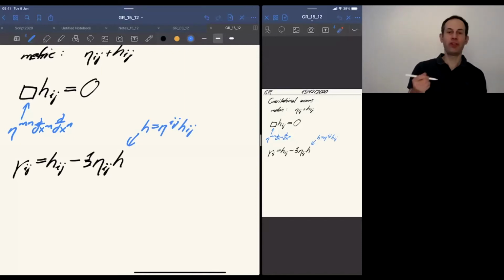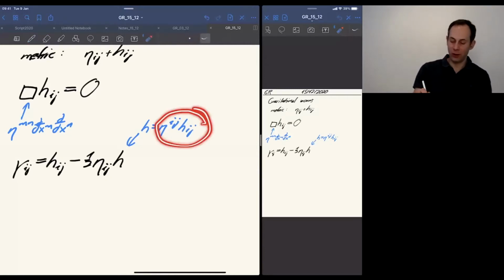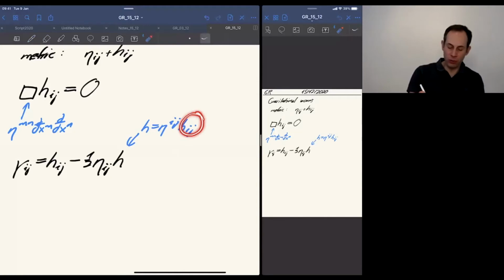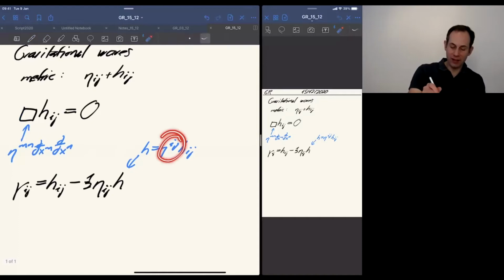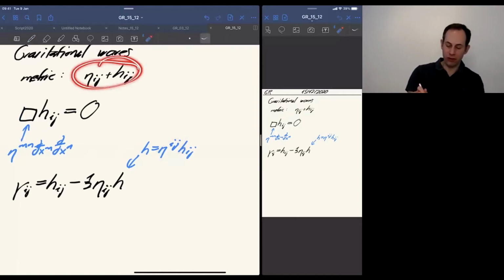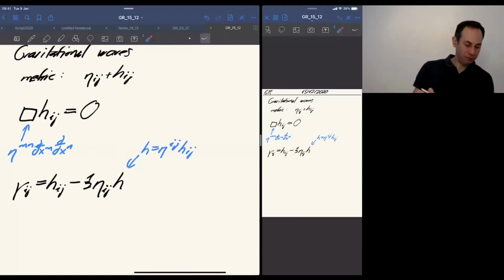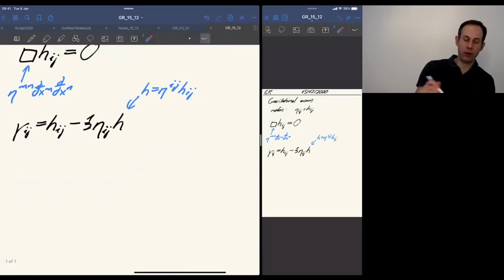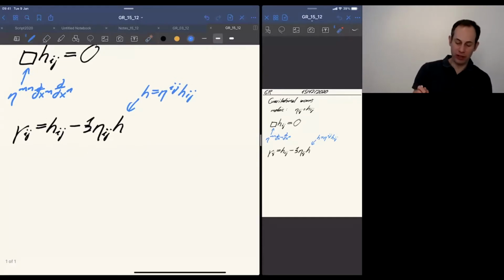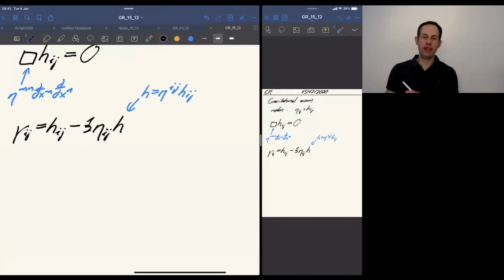This is all in first approximation. So in principle, if I would calculate the trace of a tensor, I also have to put here the metric, and the full metric is of course not this eta, but it would be eta plus h_ij. But because we already have here a term h_ij, this would give a second order contribution, and we are only considering linear contributions in this first order perturbation theory that is sufficient to treat gravitational waves.